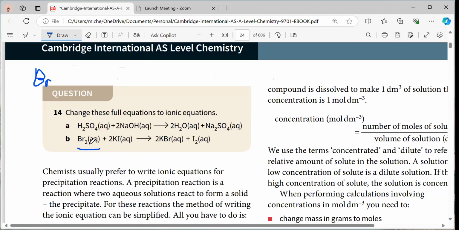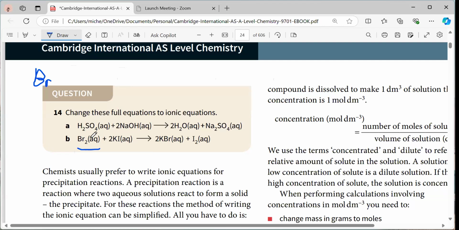Okay, let me explain. The number beside here, Br2. How to explain this? It's to identify how many atoms there are. So Br2 refers to diatomic bromine, meaning that it is diatomic, it's not monatomic.